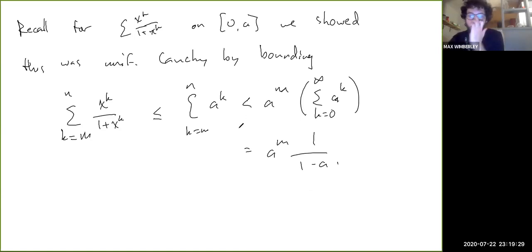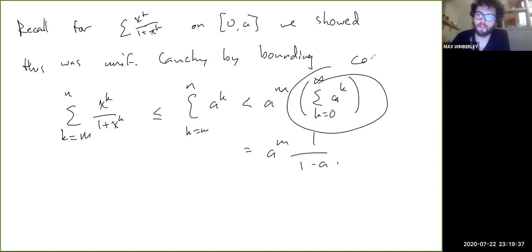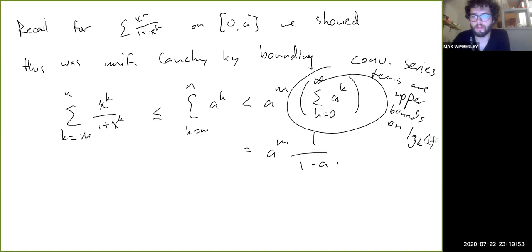But what I want you to notice here is that this is a convergent series, and the terms are upper bounds on the absolute value of g_k(x), okay?